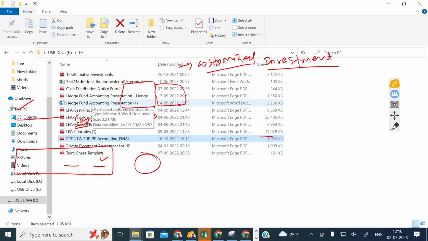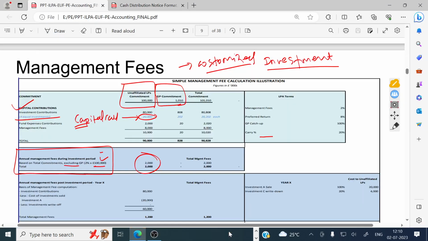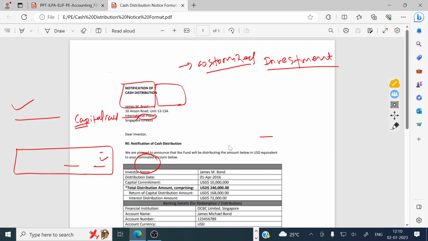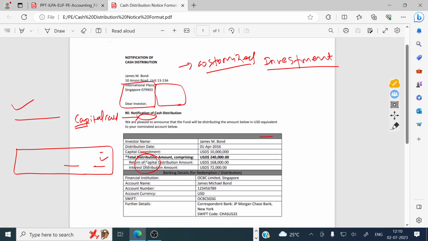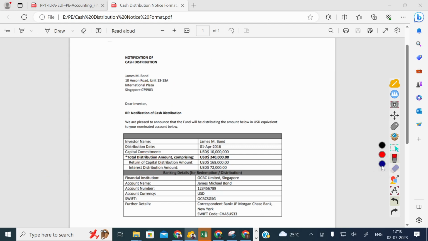Fund accounting presentation, yeah, we have it. See this notice, which includes cash distribution or cash contribution, and the details of the investor, all key information. Then investor name, distribution, meaning payment date.